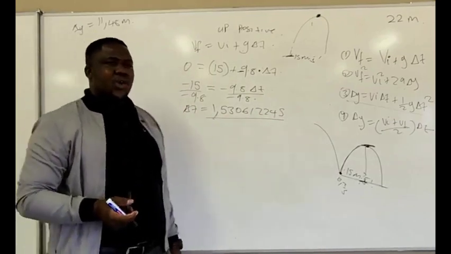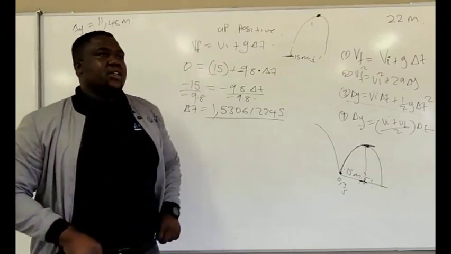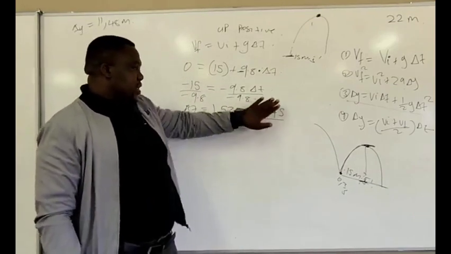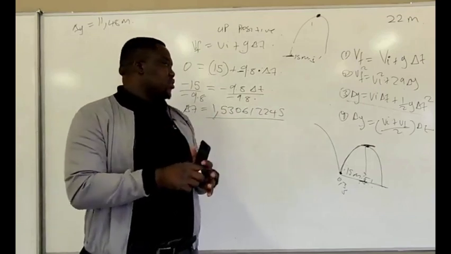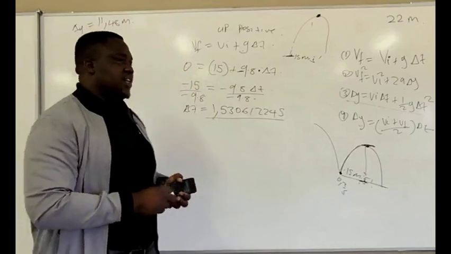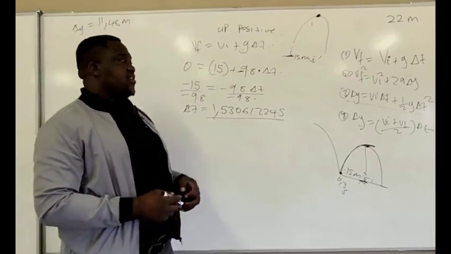You do not round before you reach the final answer. Make sure that you don't round off before you reach the final answer. You can write it like this. You leave other numbers, but when you punch on the calculator, make sure you punch everything. We don't want you to lose marks because of such mistakes. Understand? So you do not round off before you reach the final answer.